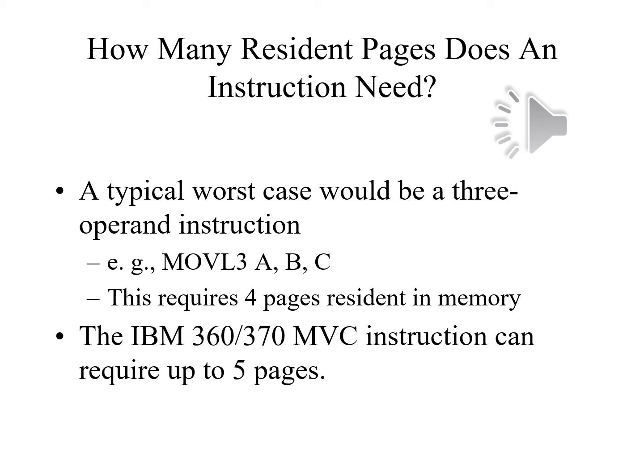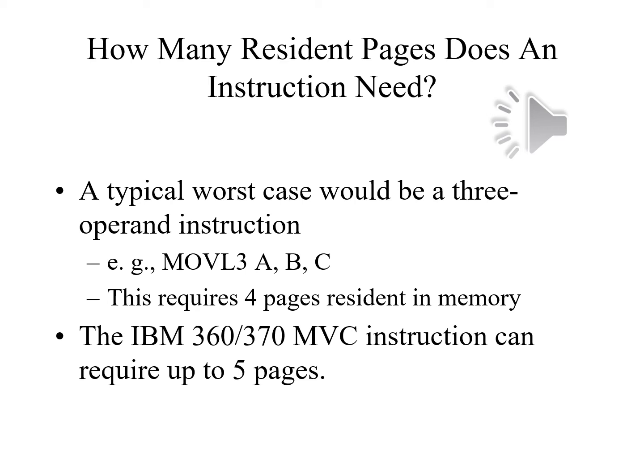The VAX offers a similar example of how high our memory requirements might be. The VAX computer allows up to 2 degrees of indirect addressing. We might have to look in a register to get the address at which we find the operand's address. If we do this in a 3-operand instruction, that might bring our requirements up to 7 pages, and that's for 1 instruction.